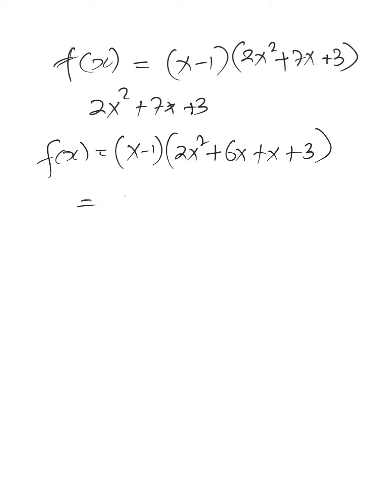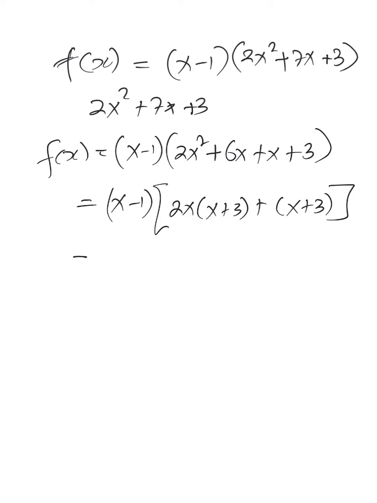And then I have this as x minus 1 into 2x into x plus 3, plus x plus 3. And then the cubic polynomial we had factorizes to x minus 1 into x plus 3 into 2x plus 1.